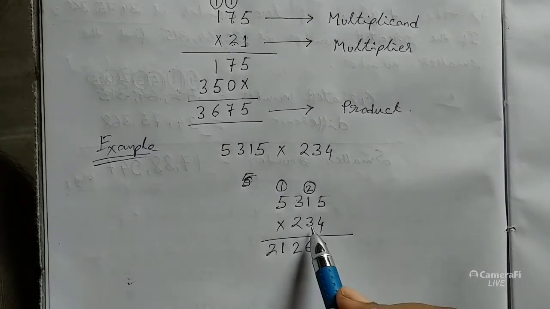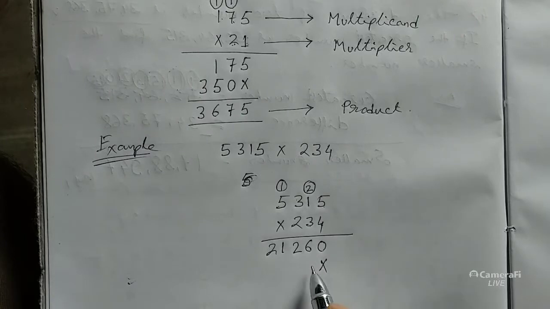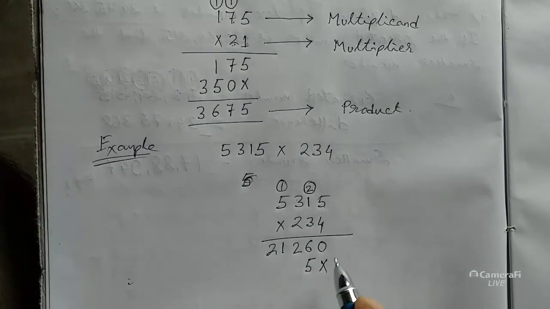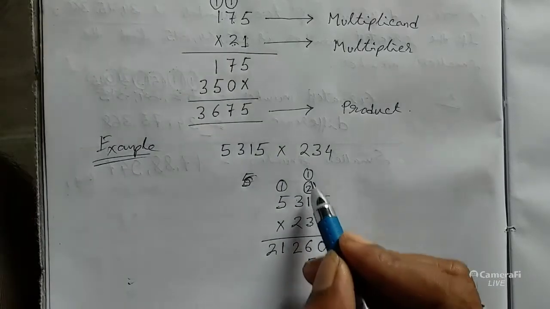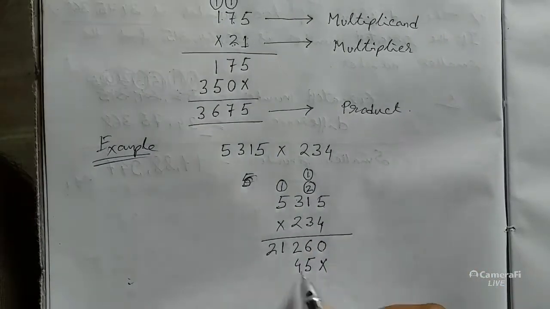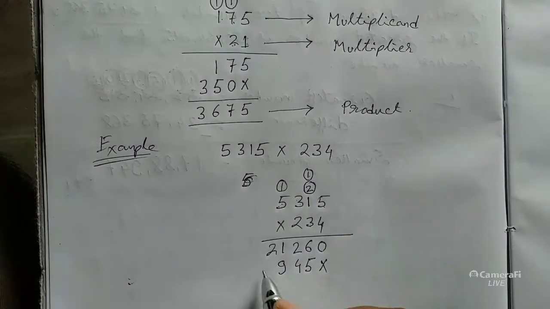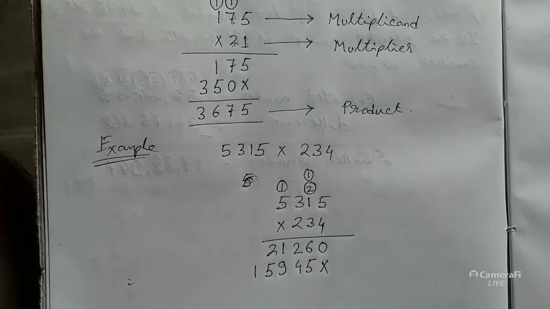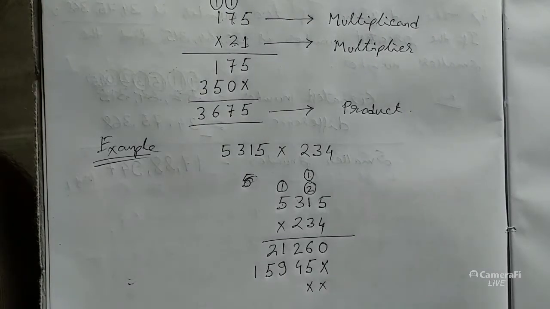Now by 3. Go through the 3 table. 3 5 ja 15, 5, 1 carry for the next step. 3 1 ja 3 plus 1 carry, that is 4. 3 3 ja 9, 3 5 ja 15. Then again 2 crosses just below it, 2 crosses in the 2 places.